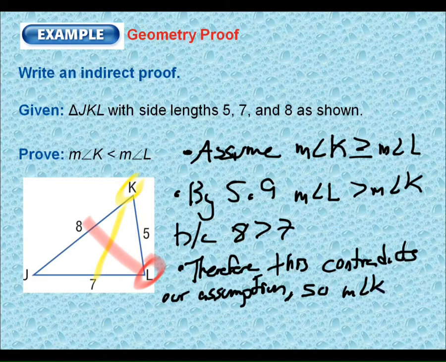So the measure of angle K must be less than the measure of angle L. We used our assumption and arrived at something false, because K was not greater than or equal to L. Therefore, what we were originally trying to prove is true: the measure of angle K is less than the measure of angle L, which is what we're trying to prove.